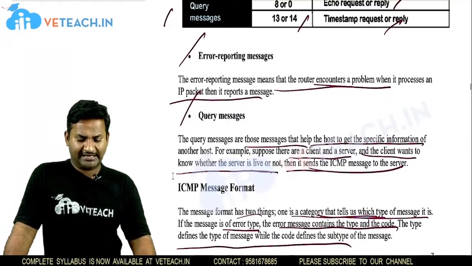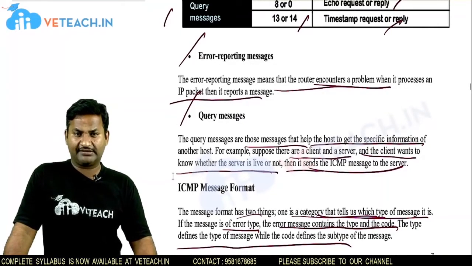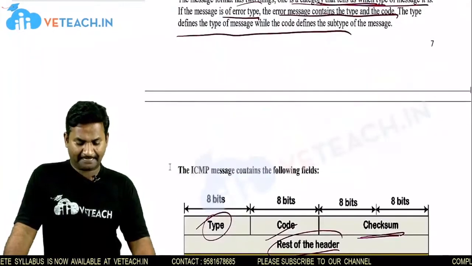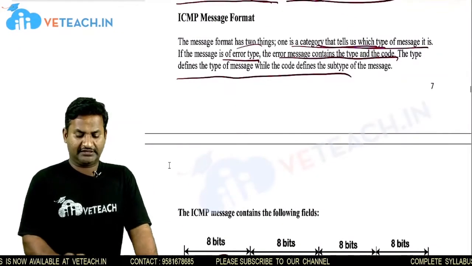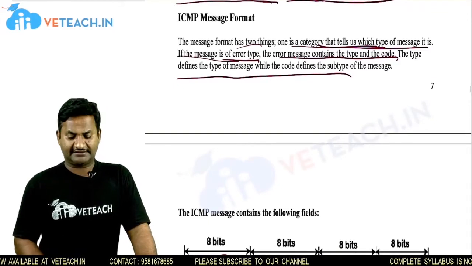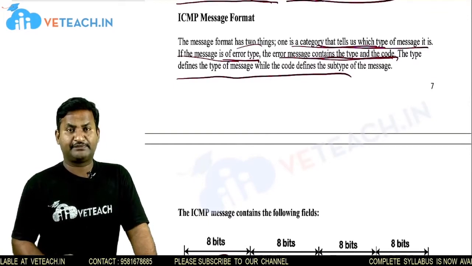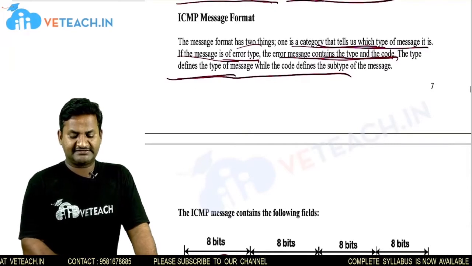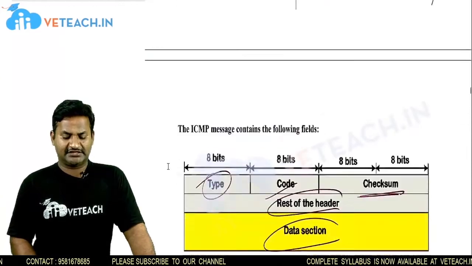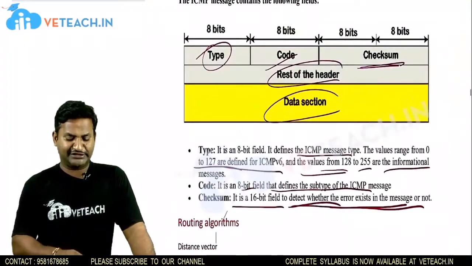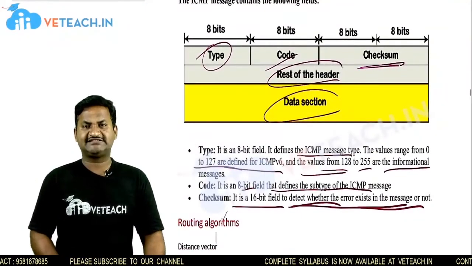So the error reporting message or query message is first identified. Then what is the exact type? If the message is of error type, the error message contains the type and the code. The type defines the type of the message, while the code defines the subtype of the message. So in total it defines the type, the code, and the checksum.